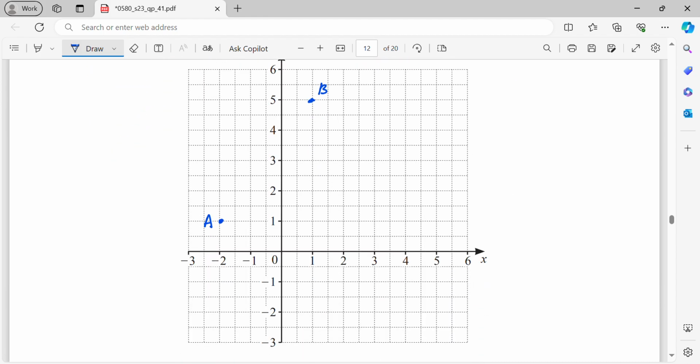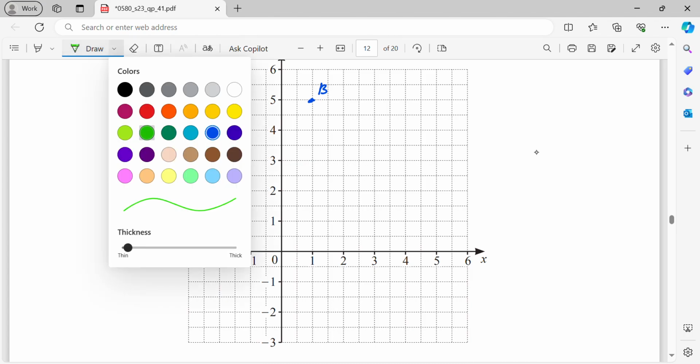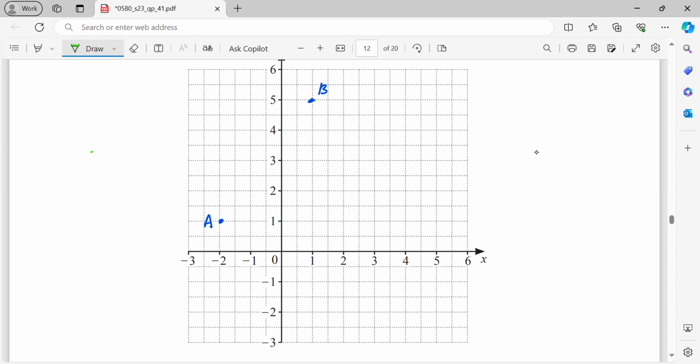Okay, so from here, if ABCD is a square, when I join all this, you have to use a ruler to join, otherwise you won't get the exact value. So let me draw.